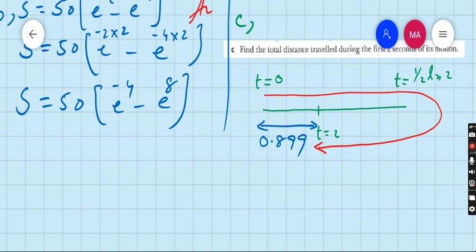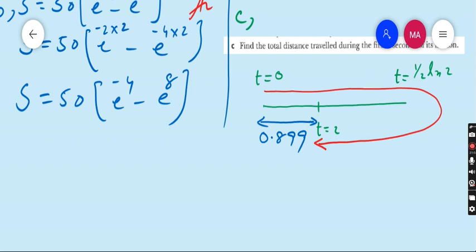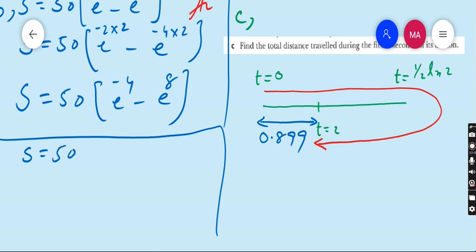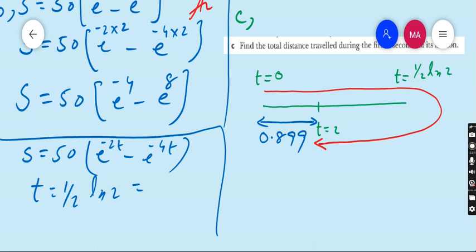What was our distance formula? S is equals to 50 e power minus 2t minus e power minus 4t. So at T is equals to 1 upon 2 ln2, which is 0.347, sorry.